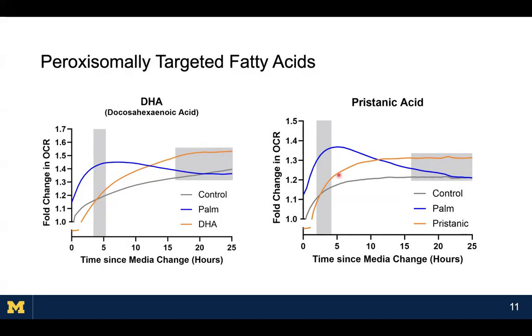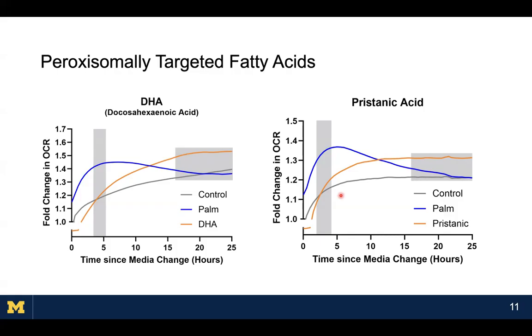And this looks pretty much the same in pristanic acid as well. So now we're seeing this distinct difference between the mitochondrially targeted and peroxisomally targeted fatty acids and how they're processed in the cells over this period of time.